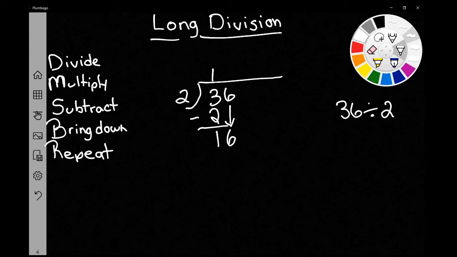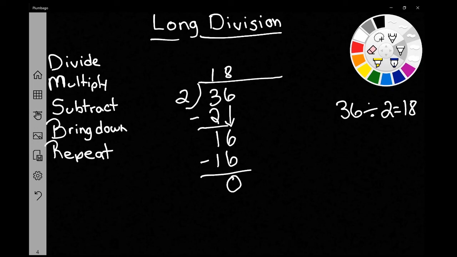In this case, it works out perfectly because I have 8 twos in 16. Now I'm going to go to my next step to multiply. 8 times 2 is 16. And then I'm going to subtract. 16 take away 16 is 0. And I've got nothing left to bring down, so that means I'm done. So that means 36 divided by 2 equals 18.